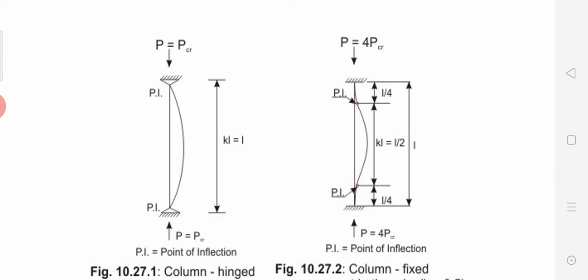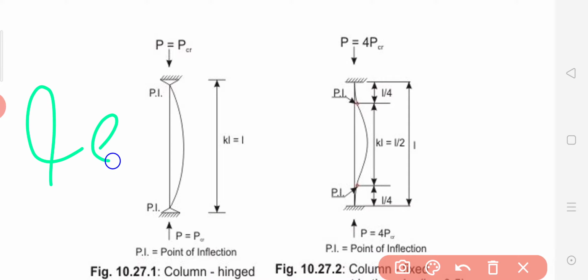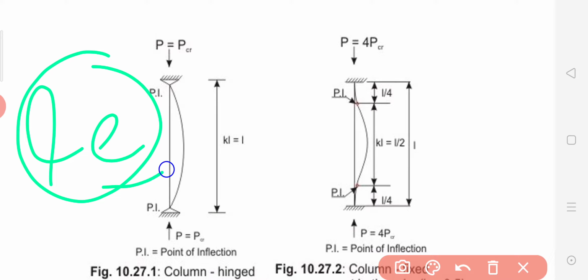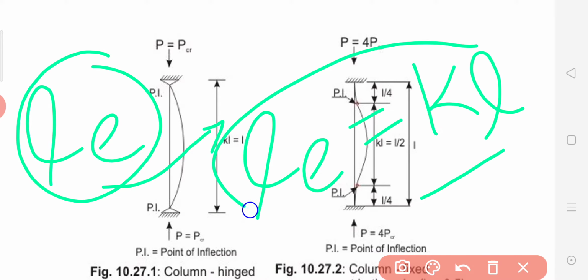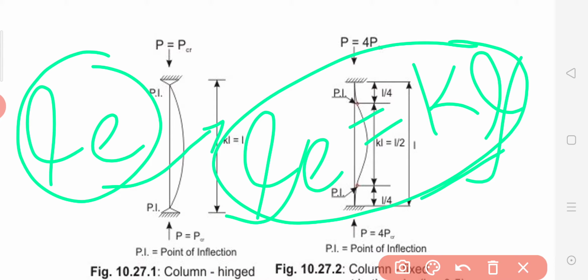To find the value of L effective, there are many conditions. L effective can also be written as KL; these both are equal. So we find this value LE or KL under many conditions, which are restrained conditions.